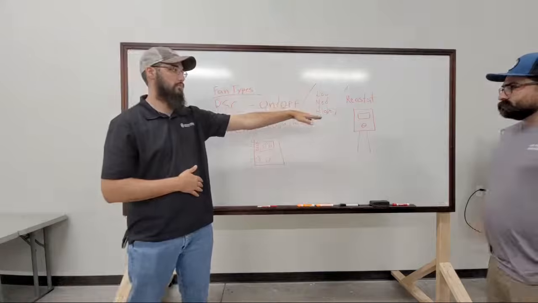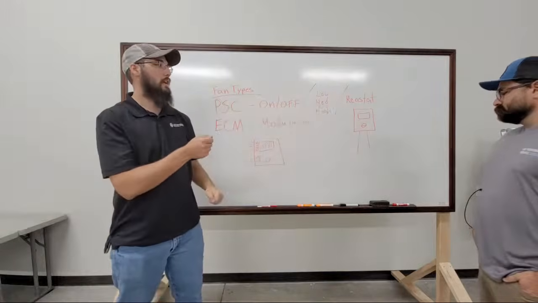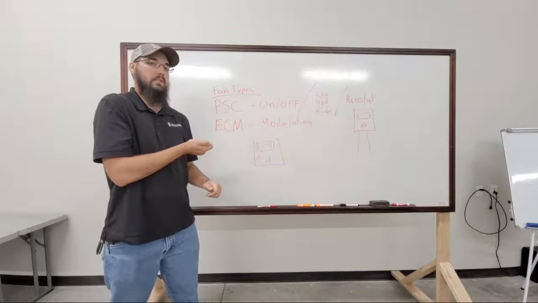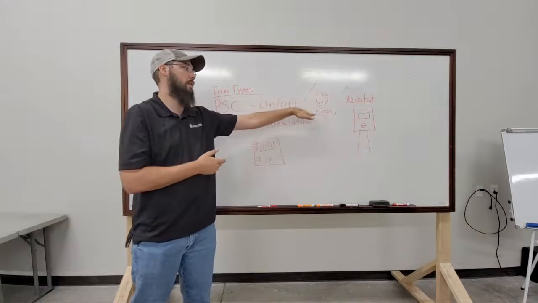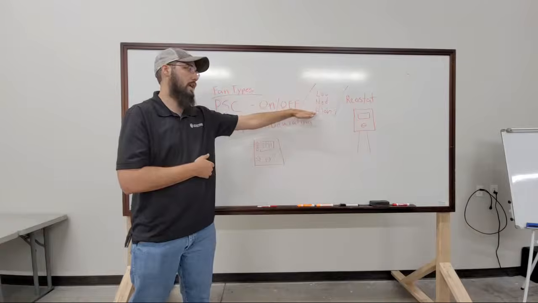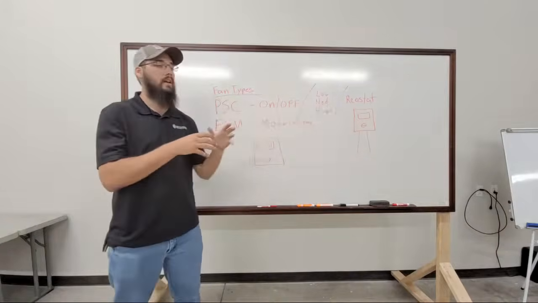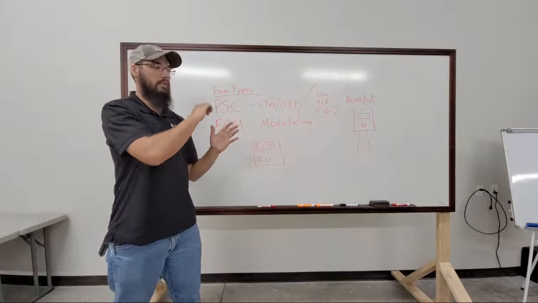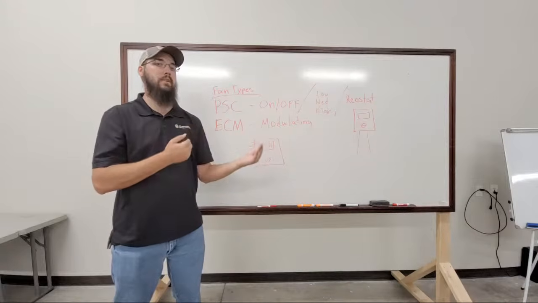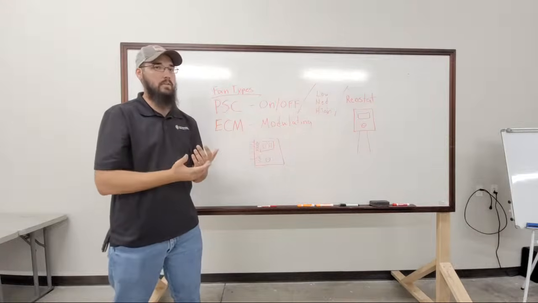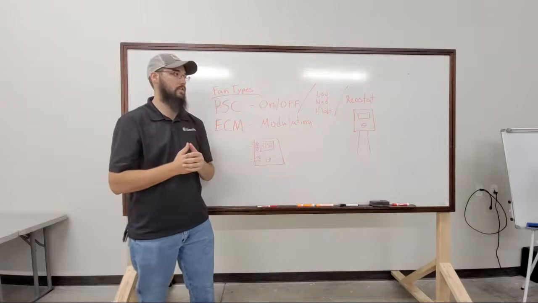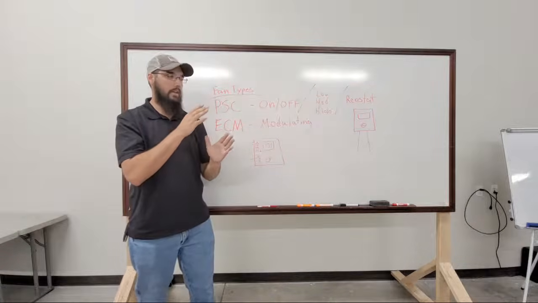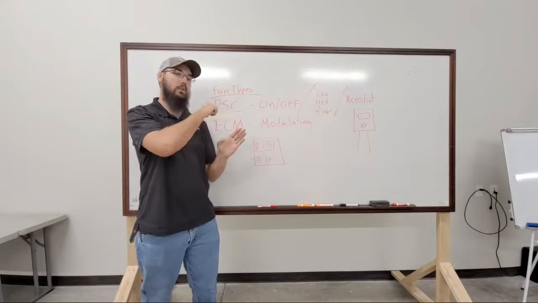So with a motor speed controller, we're able to increase the resistance on the common leg, which would be basically like running the high leg through the rheostat. And by increasing that resistance, we're able to slow that motor down. A very common mistake that I see technicians sometimes make is turning that down too low.